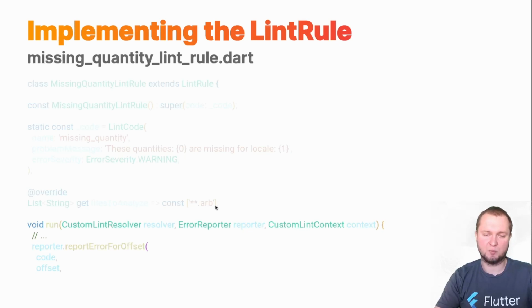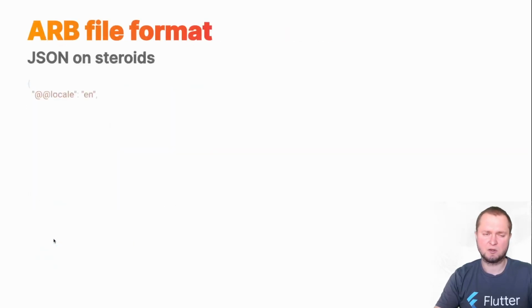We have no built-in parser for ARB files. We have to use the simpler method, report error for offset, and we have to know this offset. So we have to know in which line of the ARB file there is an invalid plural. To access this information, first, let's take a look at what is the format of ARB file.